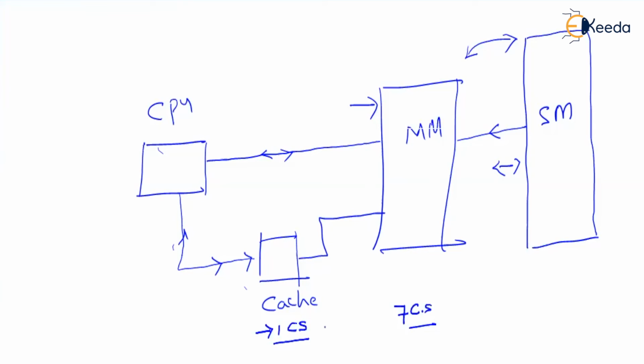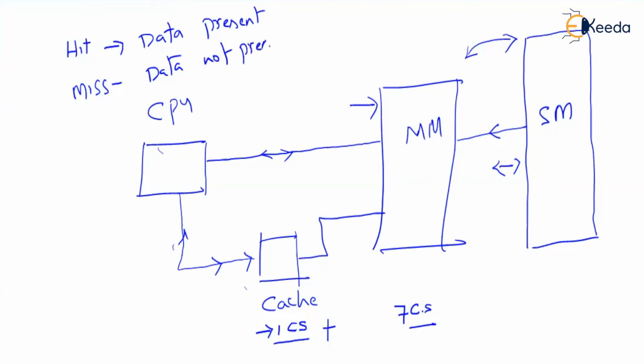You know what is hit and miss? What is hit? If the cache has the data element, it's a hit. What is a miss? The data is not present in the cache.